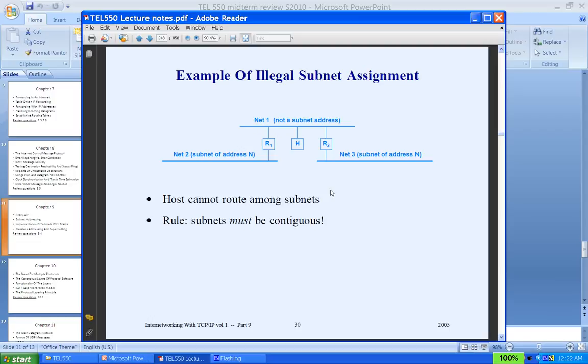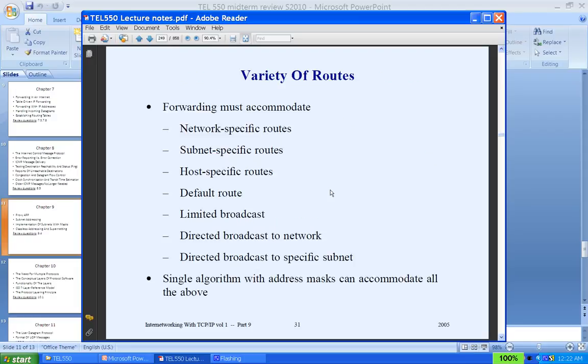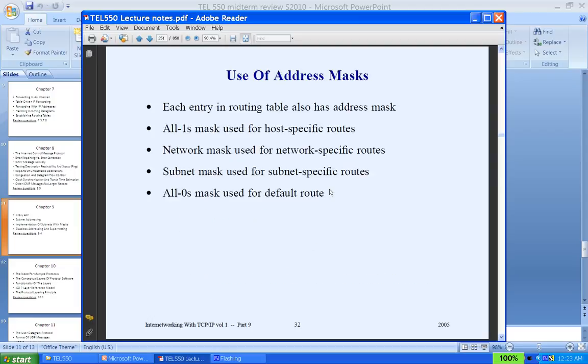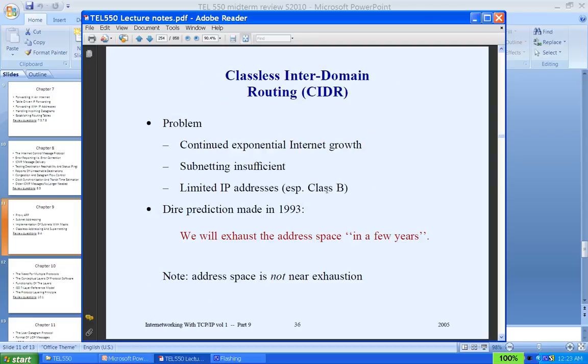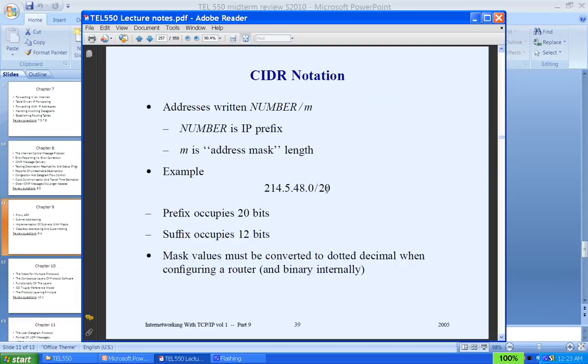Okay. One of the homework assignments we had is related to this kind of subnet question. So you need to do the homework and figure out how to apply subnetting skills to this kind of problem.